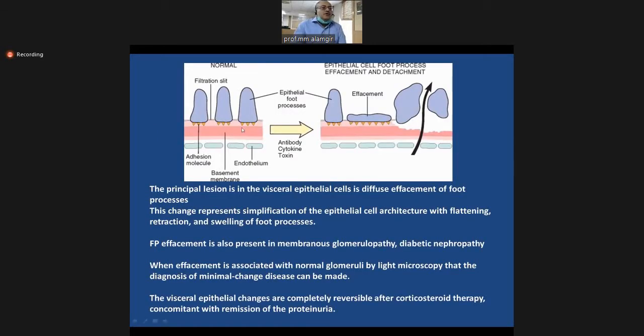So this is the diagrammatic representation of what happens in minimal change disease. You may recall from the previous diagrams, we have endothelial cells lining the capillary. This is the capillary lumen, and these endothelial cells have fenestrations. Then we have the glomerular basement membrane. It has varying density. The middle part is more dense.